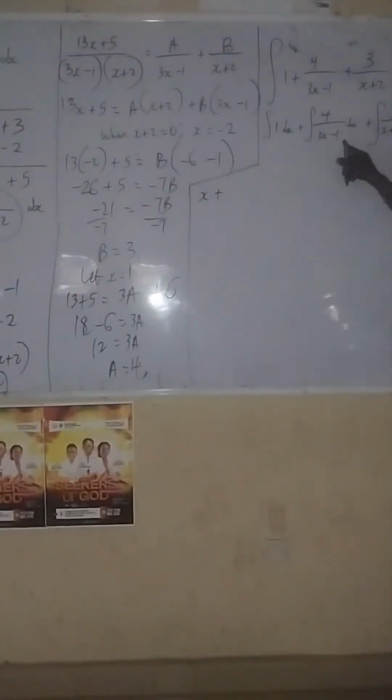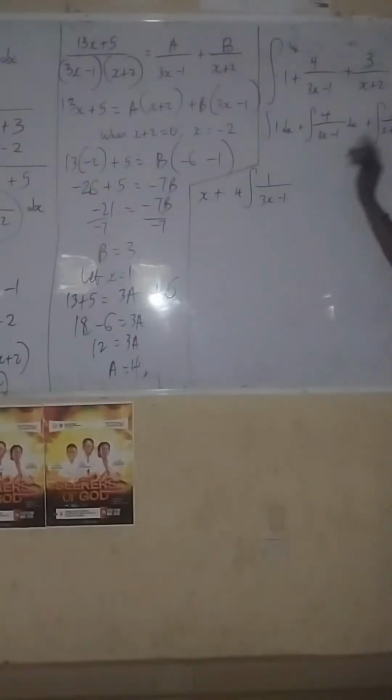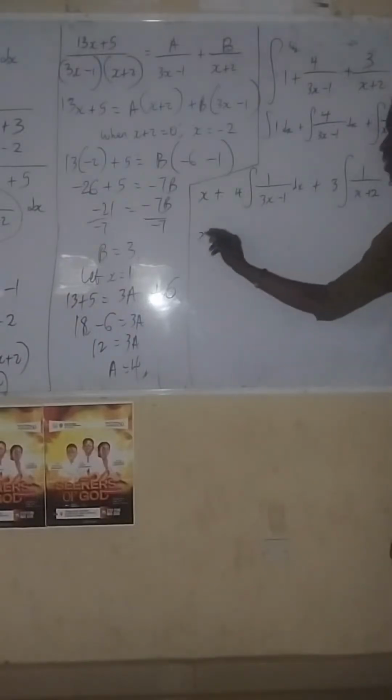Now, 4 over 3x minus 1 is the same thing as 4 times the integral of 1 over 3x minus 1, because 4 is the coefficient. You bring out the 4, and the same thing for the 3 in the x plus 2 one. Right? That means you have x plus.